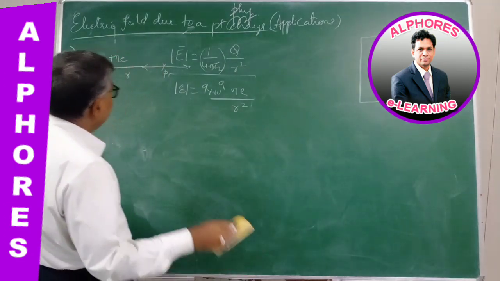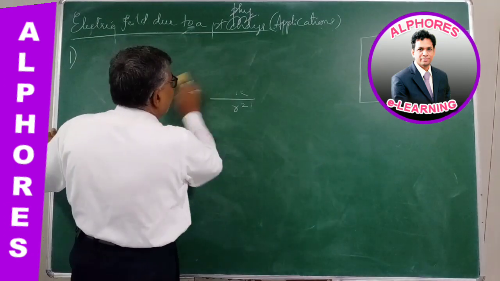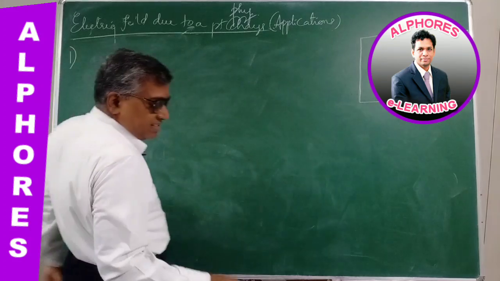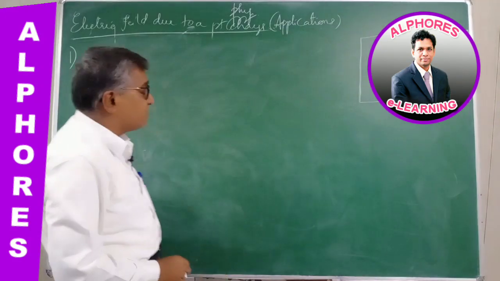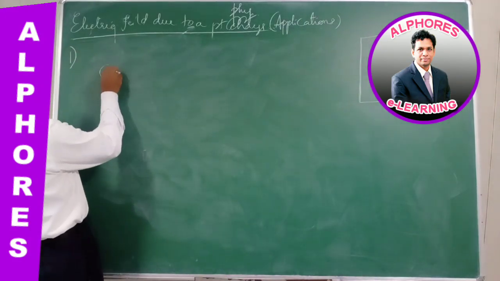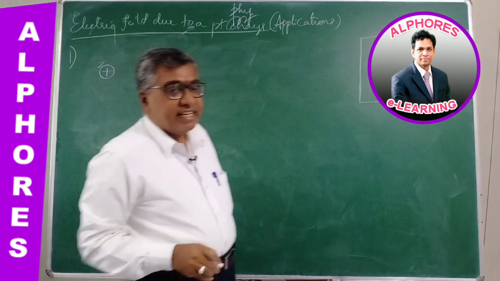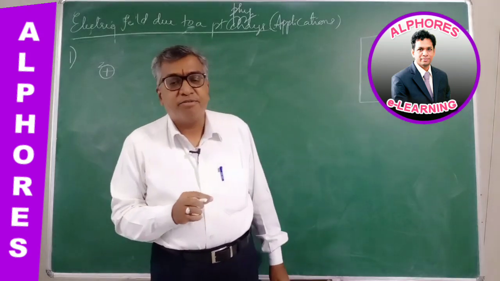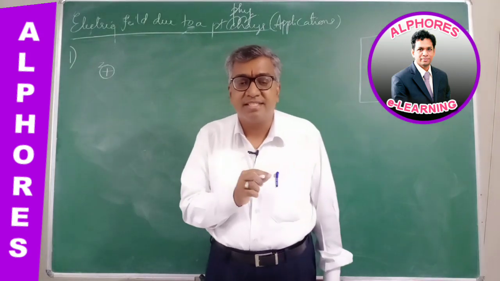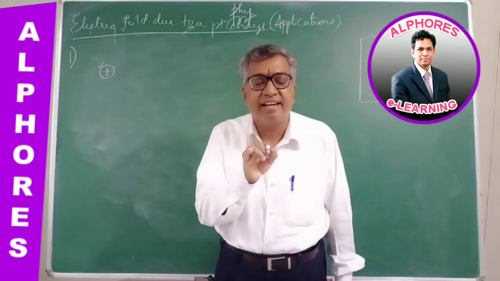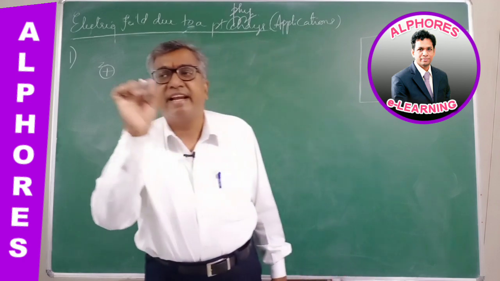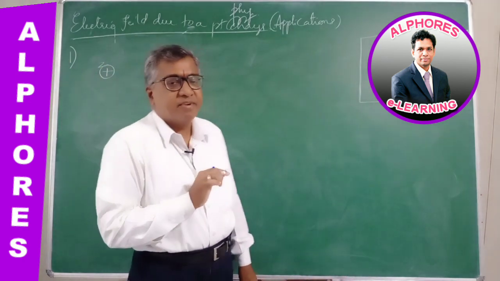That is the second question. In one of the North Indian entrance examinations, a question was asked like this. In an atom of atomic number Z, find the electric field due to the nucleus at any point on the orbit of radius r.